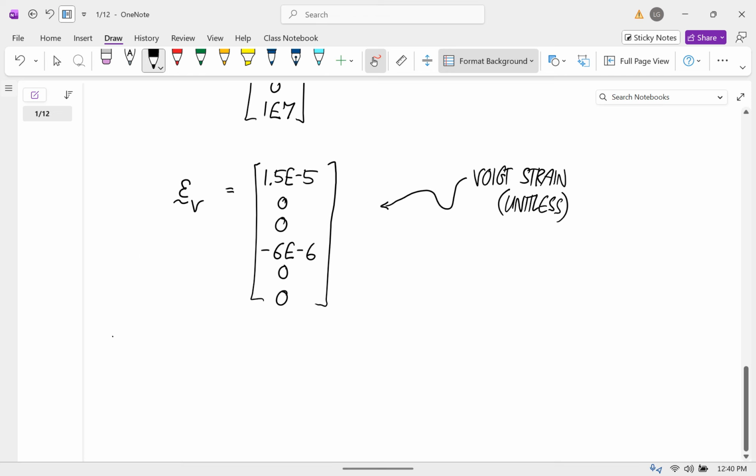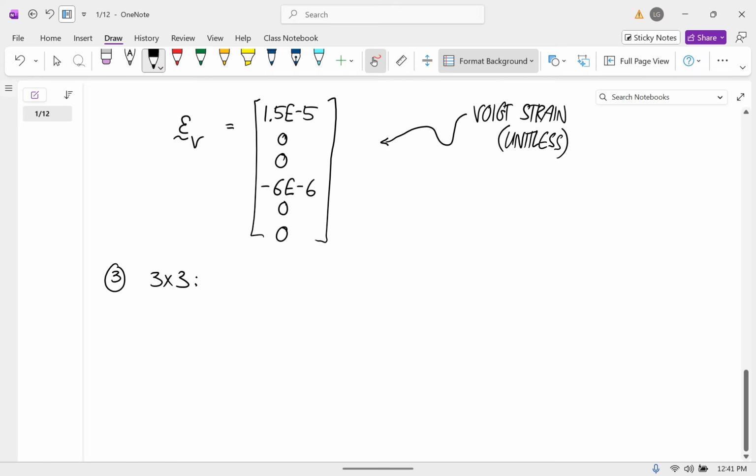Then the third size that we're going to use is 3 by 3. And this will be stress tensors and rotation matrices.